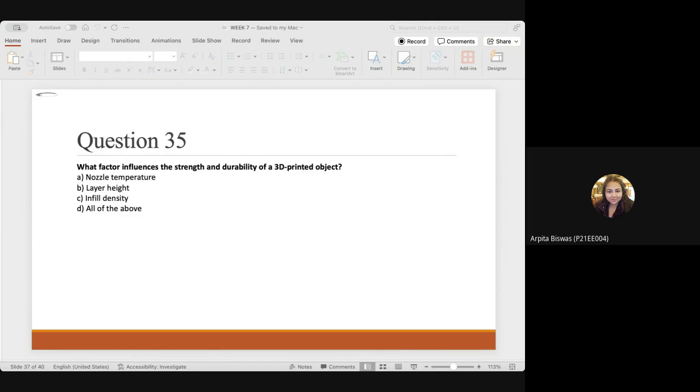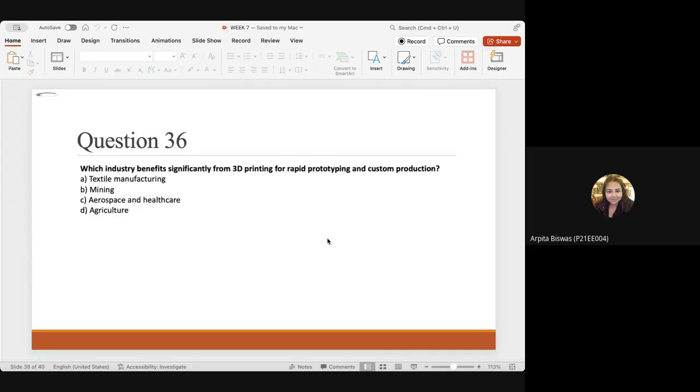Okay. So next move toward question number 36. Which industry benefits significantly from 3D printing for rapid prototyping and custom production? First option is textile manufacturing, second is mining, third is aerospace and healthcare, and option D is agriculture.